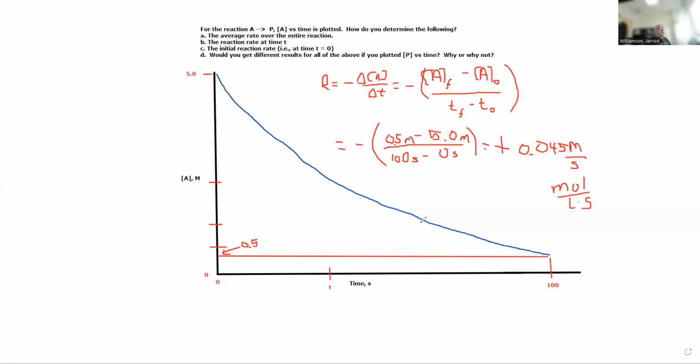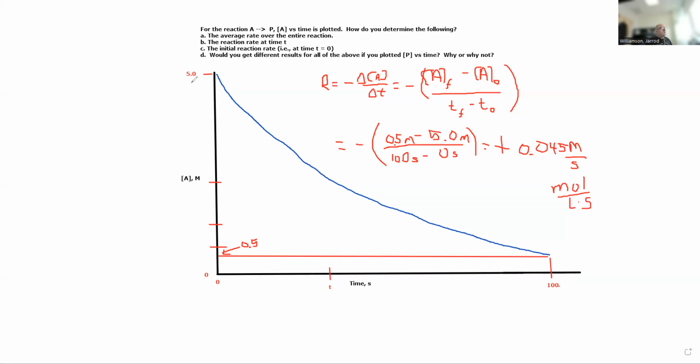I'm not paying real close attention to sig figs right here because I'm showing how to determine it. I wasn't being real careful with sig figs when I set up the problem. I guess I could make this 3 sig figs if I wanted to. Okay, but you guys get the idea. That's how we determine the average rate over the reaction.